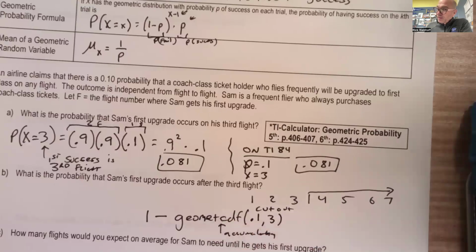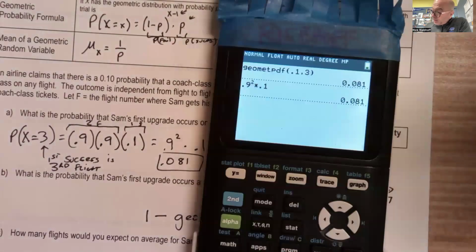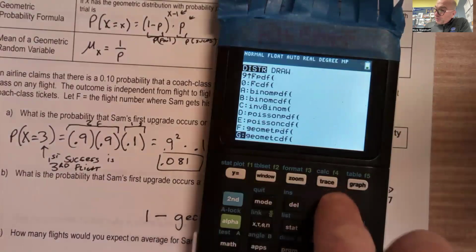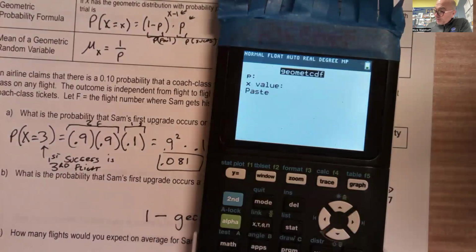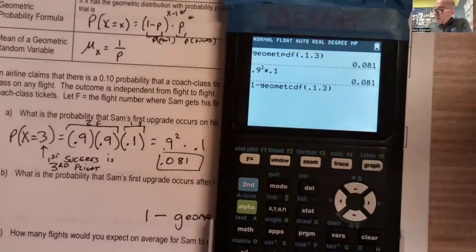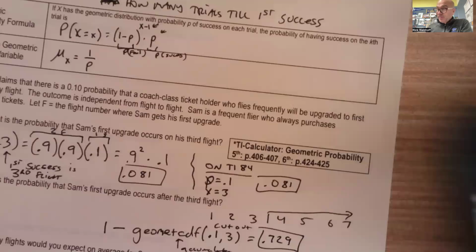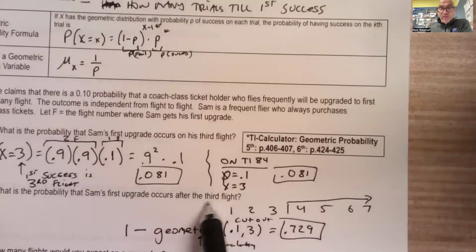So I'll do 3. So here we go. 1 minus geometric CDF, 0.1, and we're doing 3. 0.729. About a 73% chance that the first make is after the third flight.